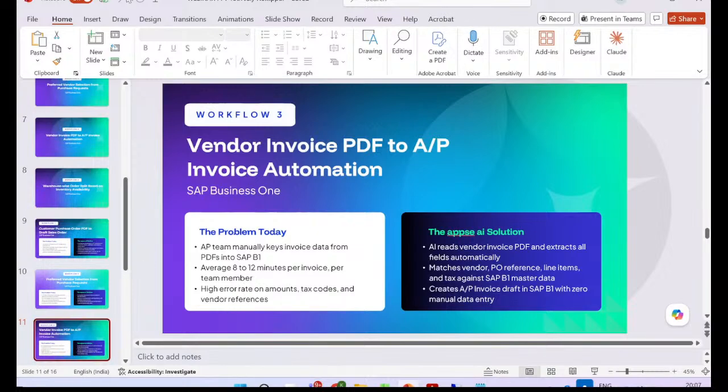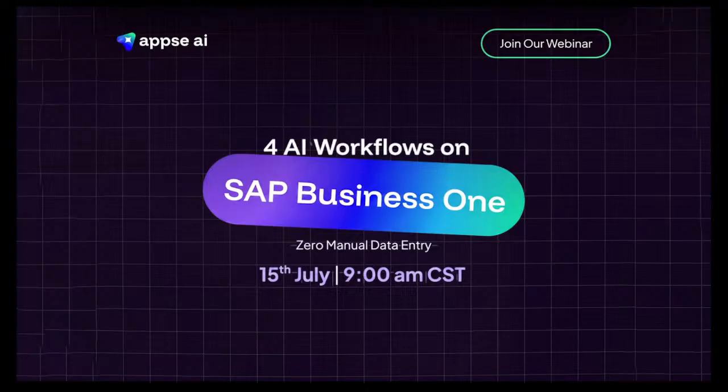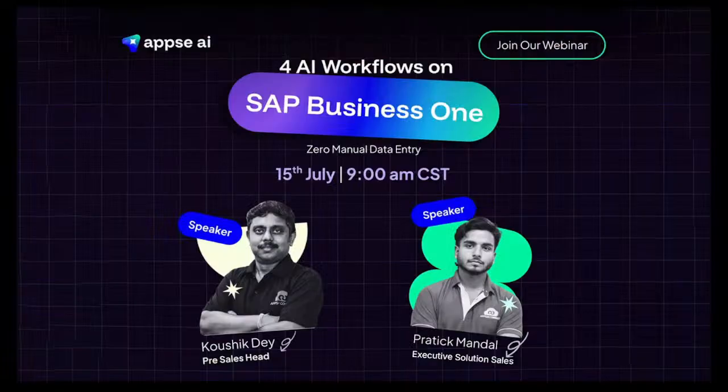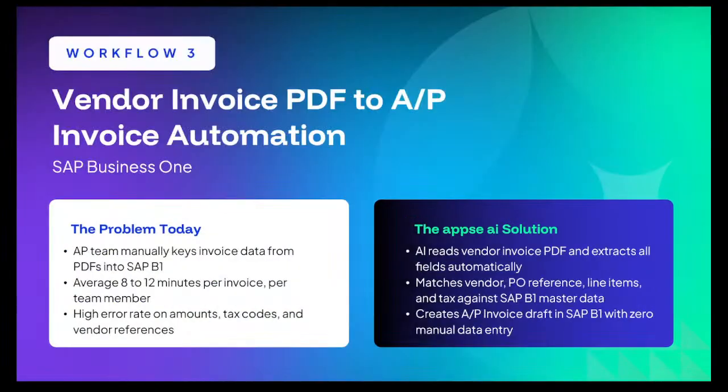And it is just like I said, on the invoice workflow, it usually took 8 to 12 minutes of manual typing per invoice per person, with real risk on amounts and tax codes. What you saw took under a minute with full extraction match against the vendor, purchase order reference, line items, and tax, and then posted straight into SAP Business One. So, this is what we are essentially solving.